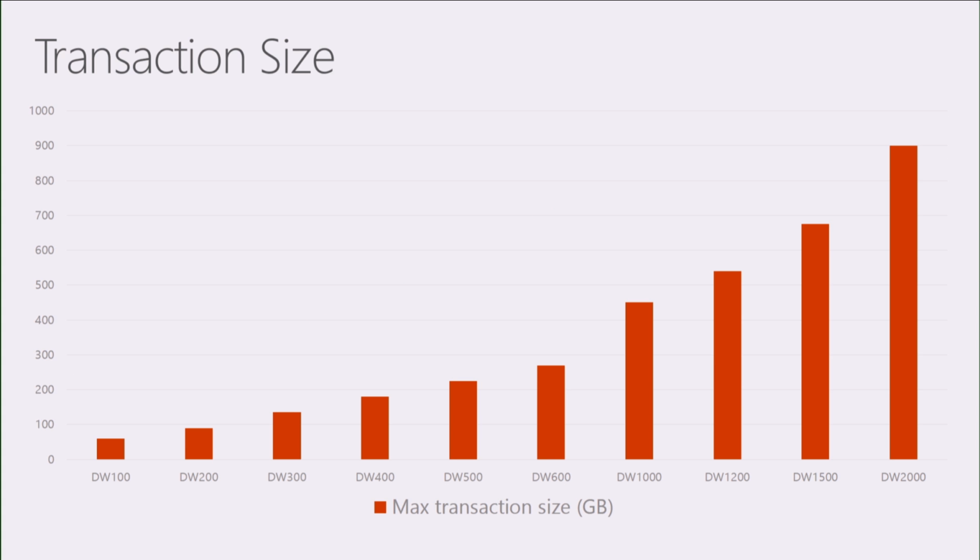The second thing to think about is transaction size. When we think about transactions, we're thinking about things that are going to update and delete data. The reason we think about updates and deletes in particular is because those two patterns are what we call fully logged operations in the database.